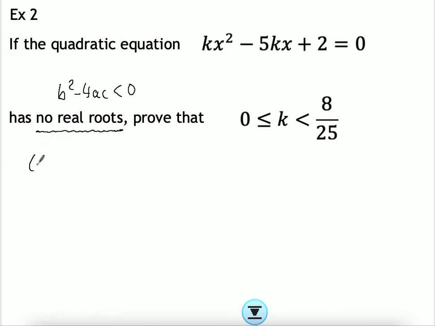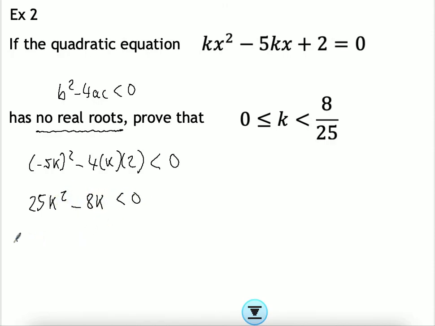So we've got negative 5k squared, subtract 4 lots of k, lots of 2, and we want that to be less than 0. So that's 25k squared, subtract 8k is less than 0, and we can factorize this expression.